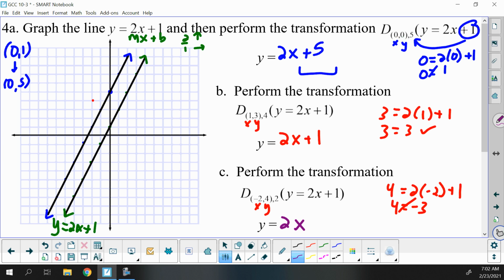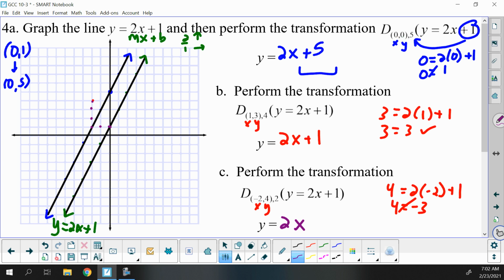So take a point on our original graph. So I'm going to take this y-intercept again of (0, 1). Notice from our center of dilation, we went down 3 and right 2. So from the center of dilation, we need to do that movement twice.